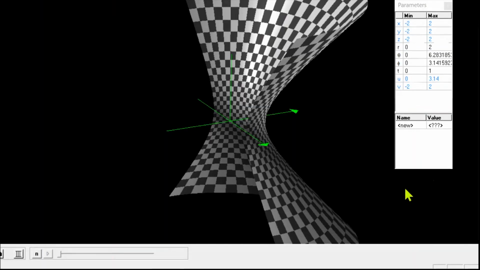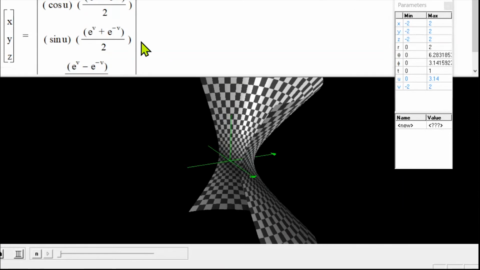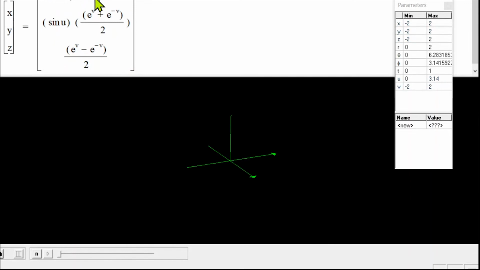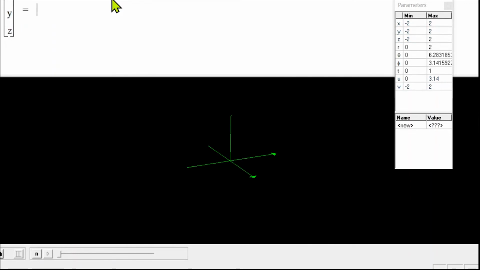Okay, so we're done with this, right? Okay, so I'm gonna retype these equations now. So your x is equal to uv. Oh, just delete the whole thing and start over. x is equal to uv and y is equal to u sine v.